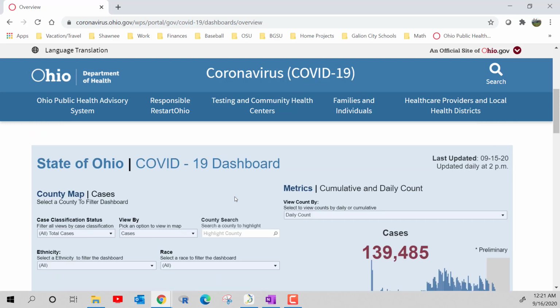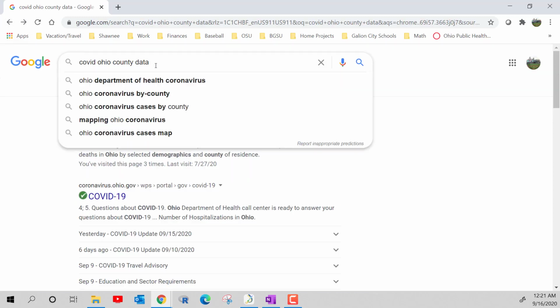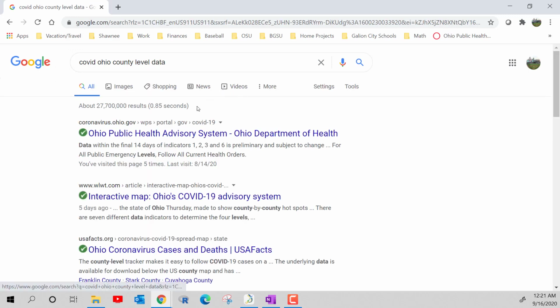Yeah, I thought it would be. I think this is the wrong website. I was looking for the county level data.